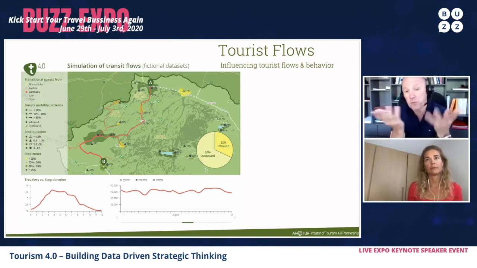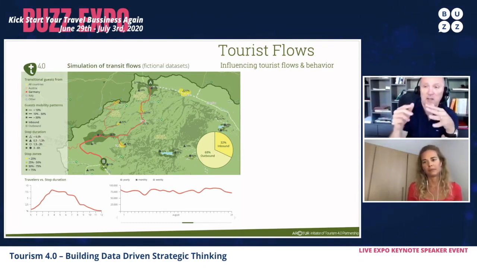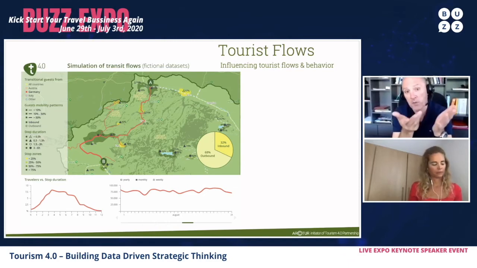Of course, with German tourists, we figured out that most of the tourists in this valley are coming from the Adriatic Sea back to Germany, and they were stopping in the valley.